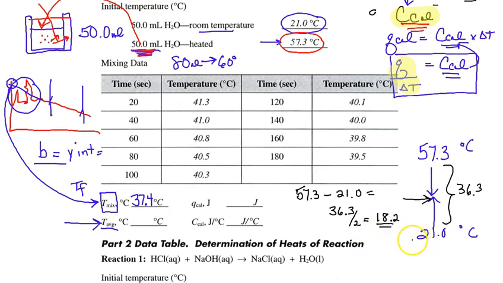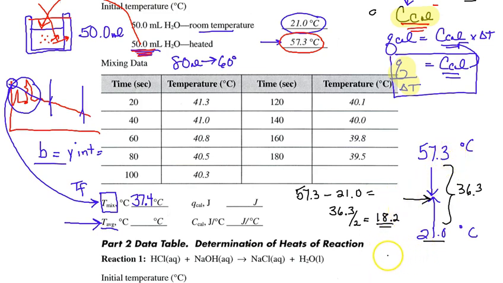So what that means is 21 degrees Celsius, the colder water, is going to go up by 18.2. And you may say, well, why 18.2? Why the middle number? I found this total distance, divided by 2, and the middle number is how much it would go up. Remember, there's 50 milliliters of the cold, 50 milliliters of the warm. So it should go directly in the middle.